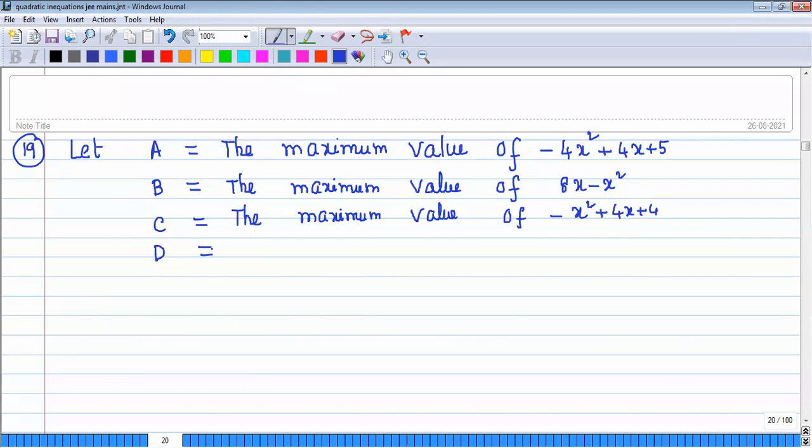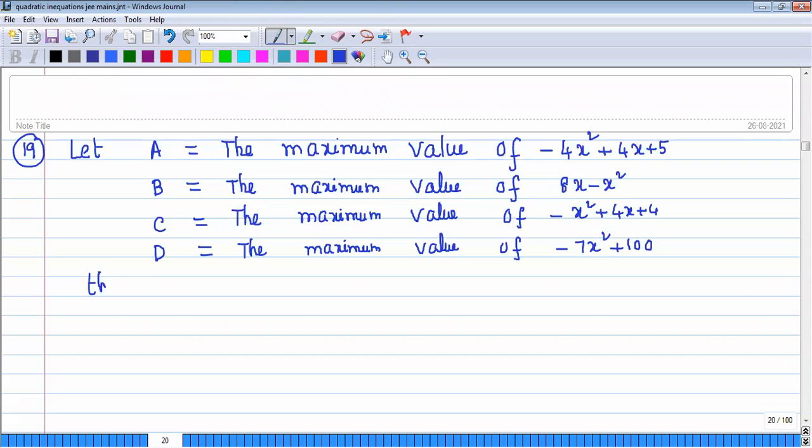Capital D equals the maximum value of minus 7x square plus 100.